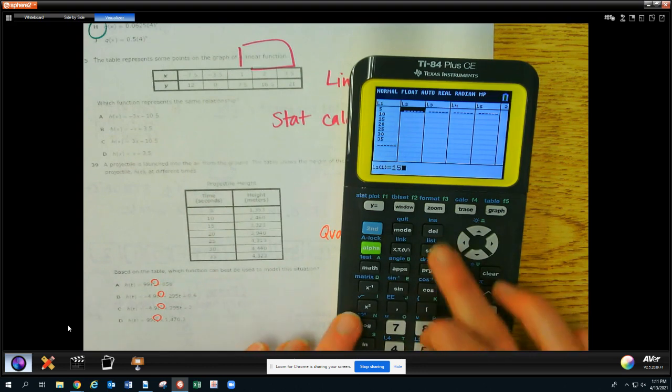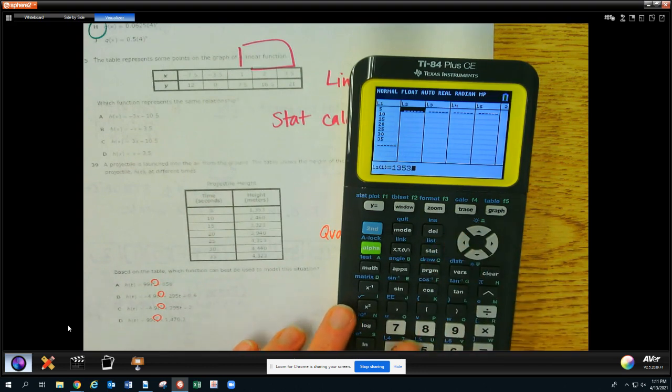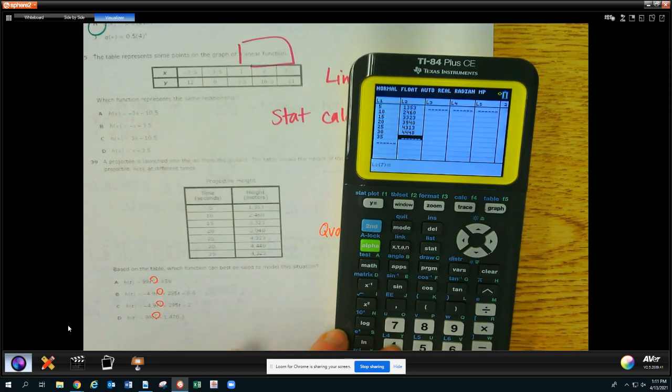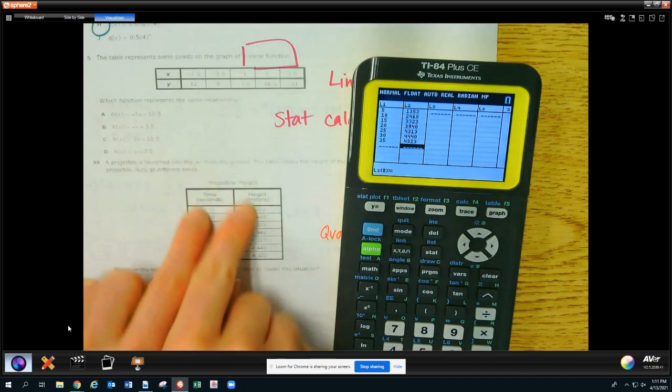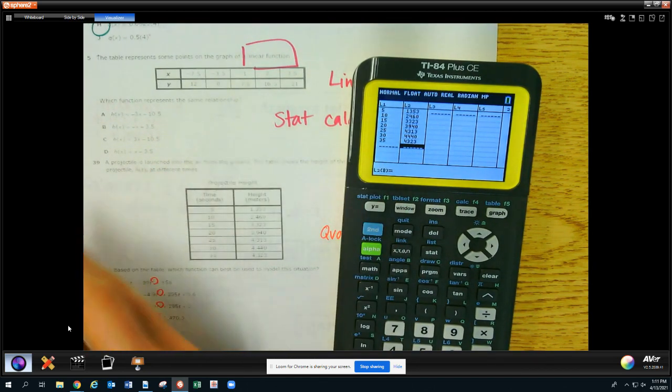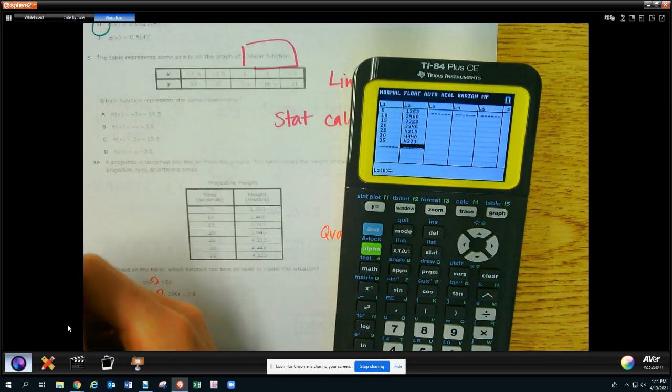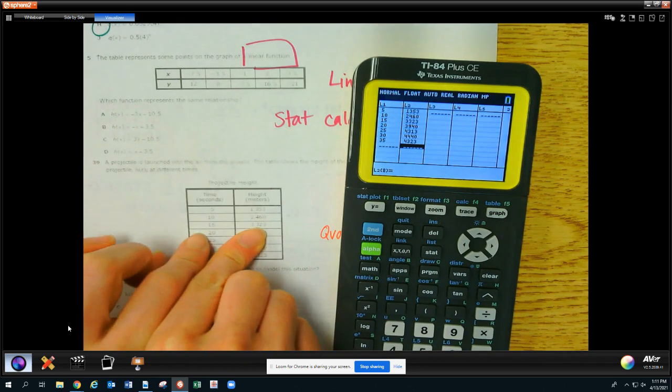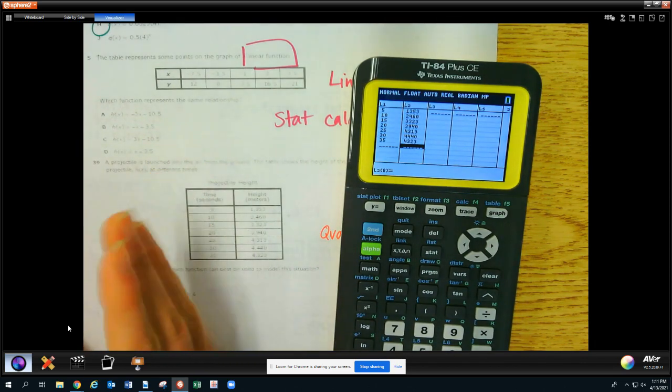And then the y values, 1, 3, 5, 3, 2, 4, 6, 0, 3, 3, 2, 3, 3, 9, 4, 0. And you do want to include every single point unless they tell you otherwise. Sometimes they'll just say for the first 4 data entries. This does come up on your exit ticket, so pay attention to whether they want you to put all the points or just the first few.